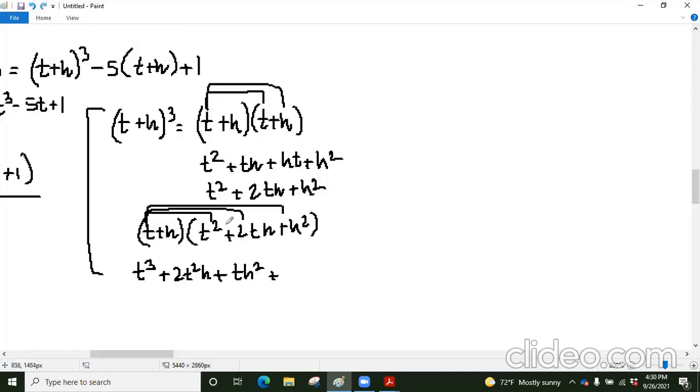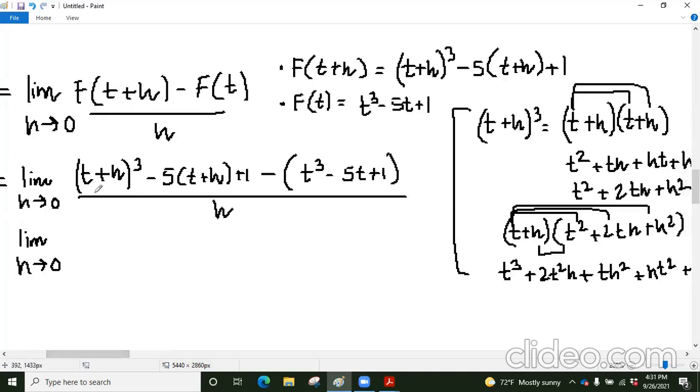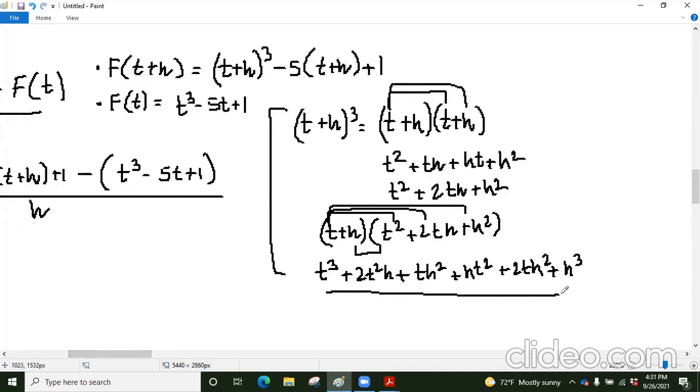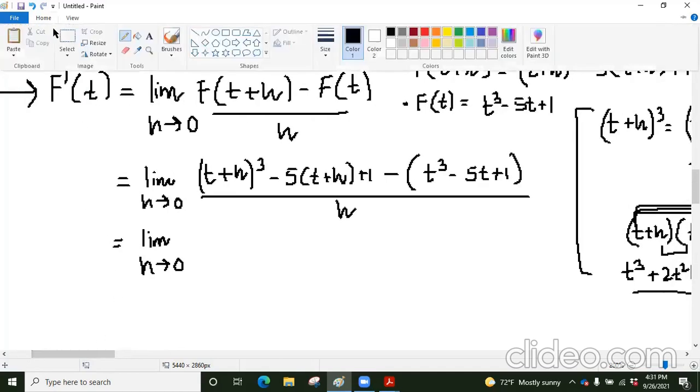So now we're moving on to the h, so we'll do ht squared plus 2th squared, and then we have h cubed to top it all off. And the idea is that we have this t plus h cubed. We essentially want to take everything and put this back into the function or the limit.